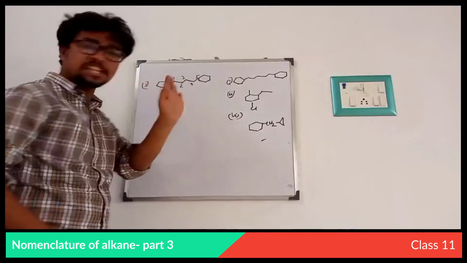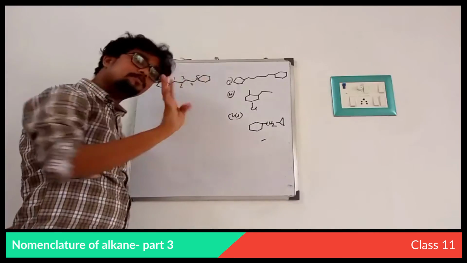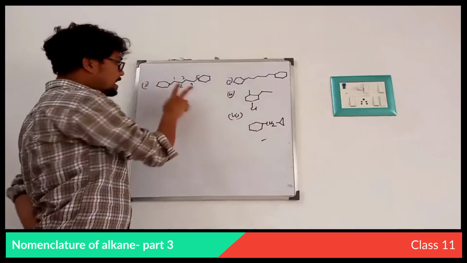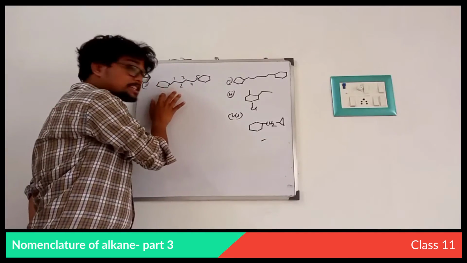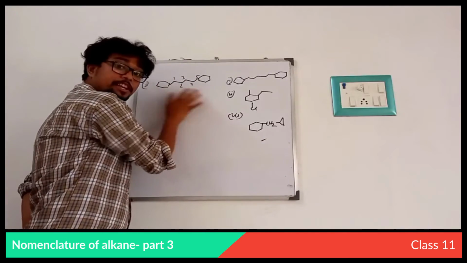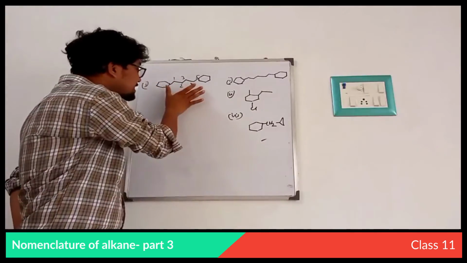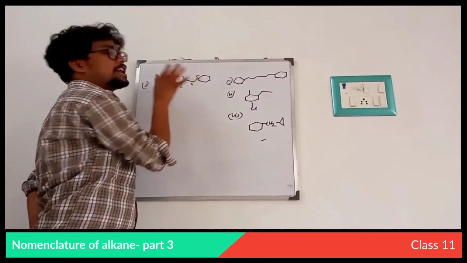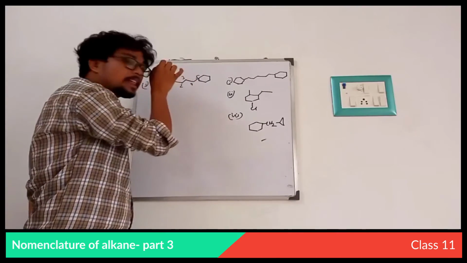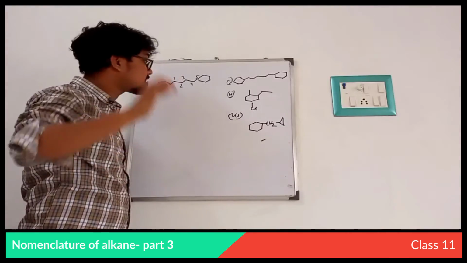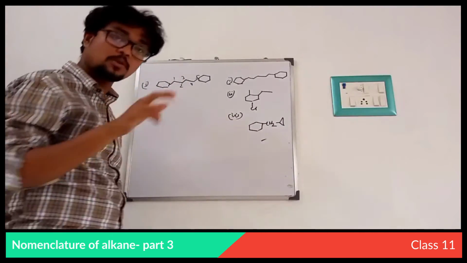A 6-member saturated ring is present. Fine. So, in this case, the ring has 6 carbons, and the open chain has 5 carbons. But here, the presence of 2 rings reveals that these 2 cyclic 6-member compounds are present as substituents. They are present as substituents.